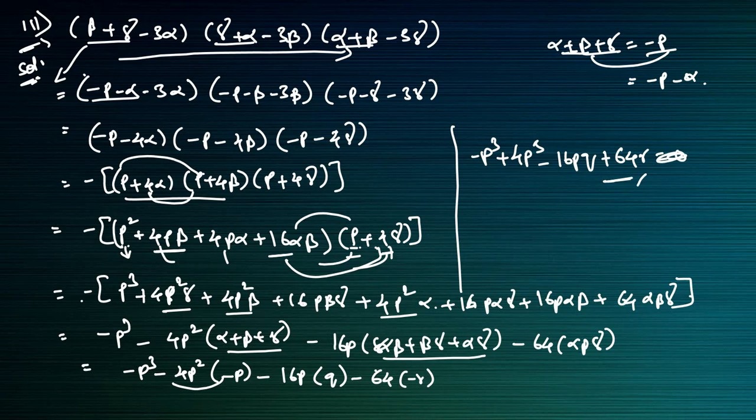So now moving to the next question. Here the fourth question is given: the summation of alpha cube beta cube. So here we are going to use two formulas. That is (a plus b plus c) whole square is equal to a square plus b square plus c square plus 2ab plus 2bc plus 2ca.